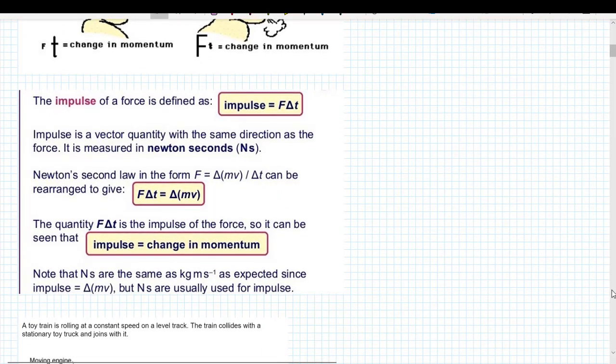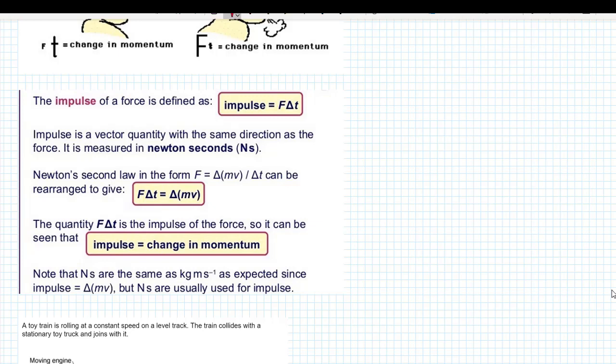Let's check it here again. The impulse of the force is defined as the change in time, delta T, times force. Impulse is also a vector quantity with the same direction as the force.